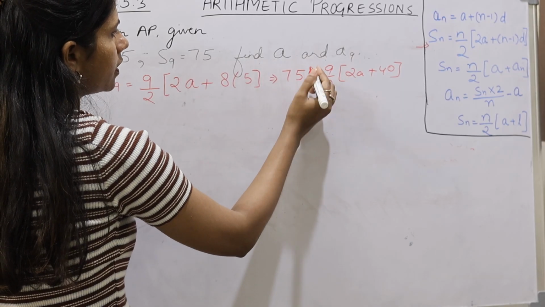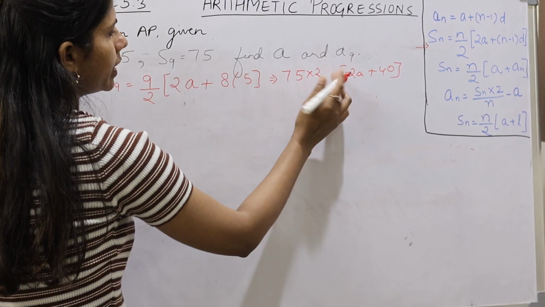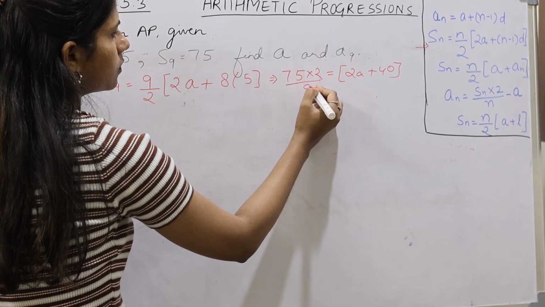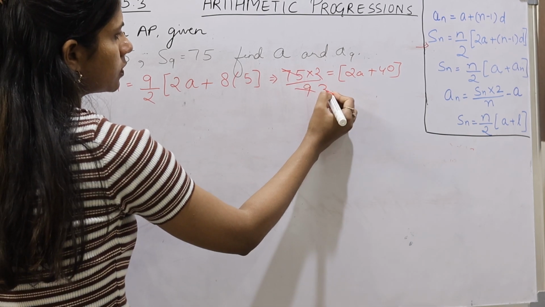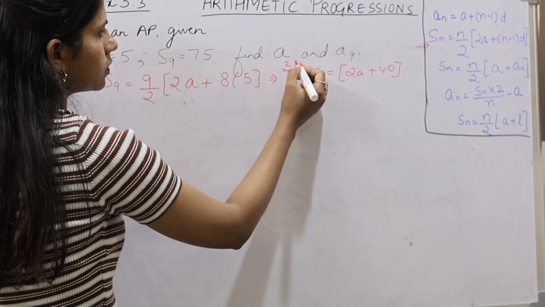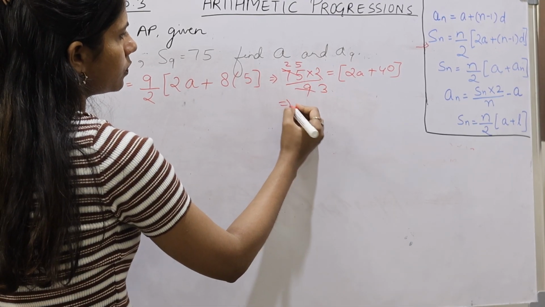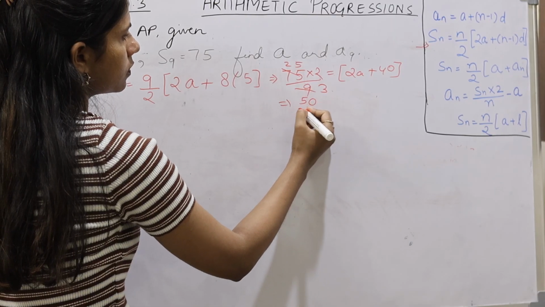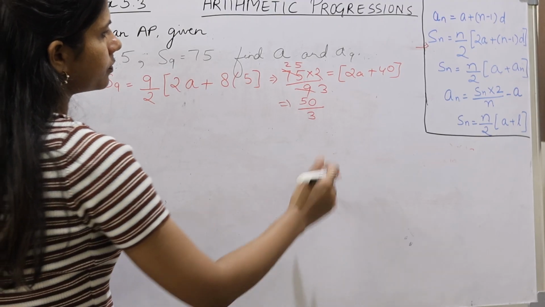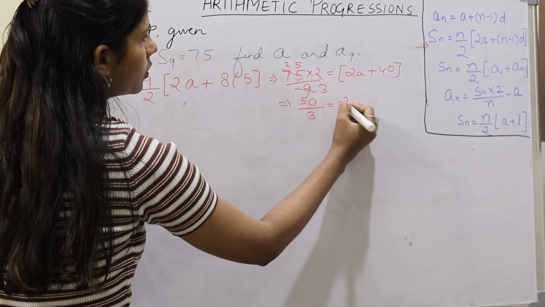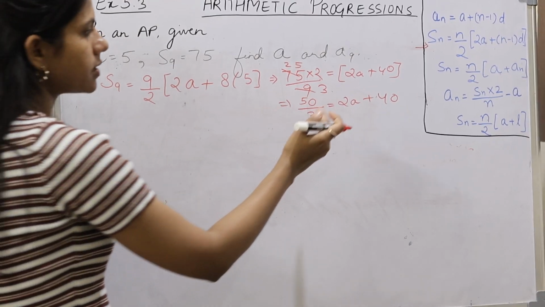So this will be into 2 by 9. Now this is divisible by 3. Now 50 by 3 equal to 2a plus 40. 40 will come this side.